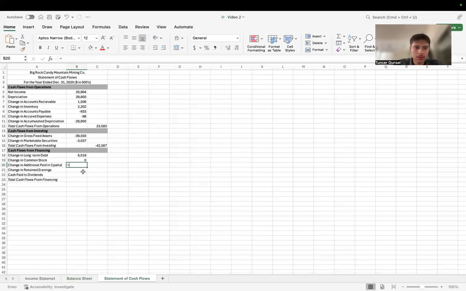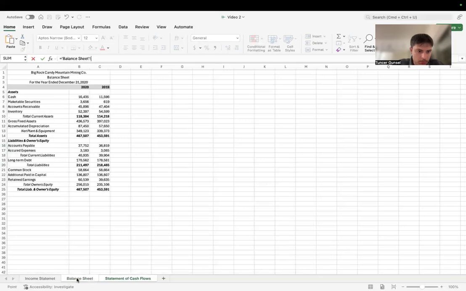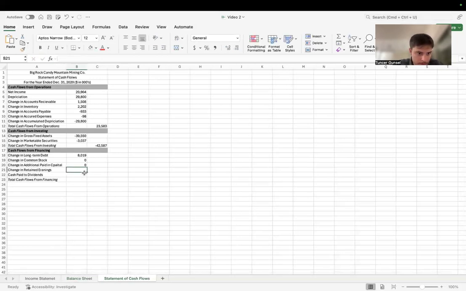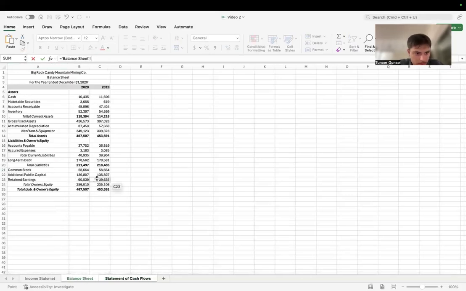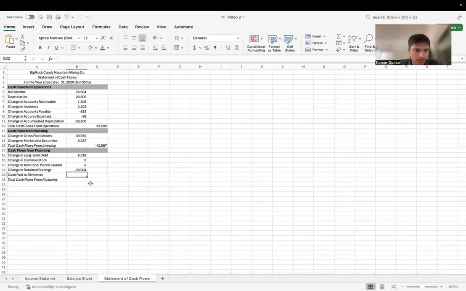Paid-in capital, retained earnings. To find the cash paid in dividends, we basically subtract the net income from retained earnings.